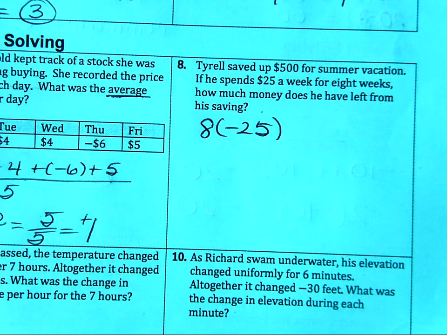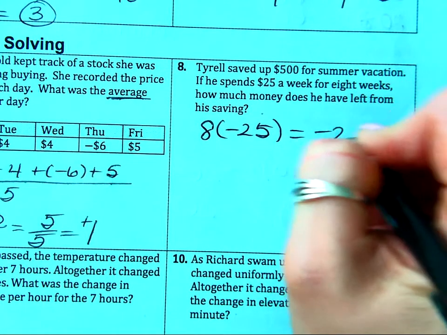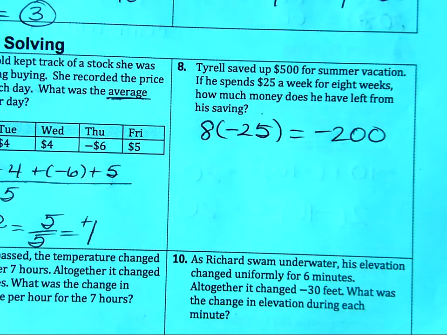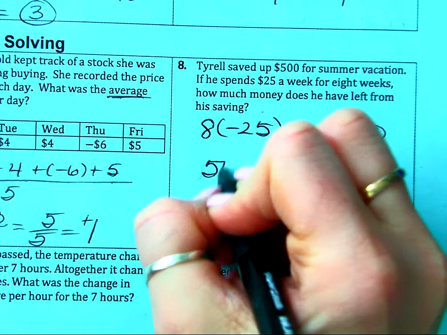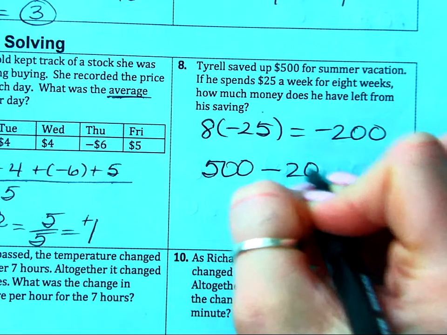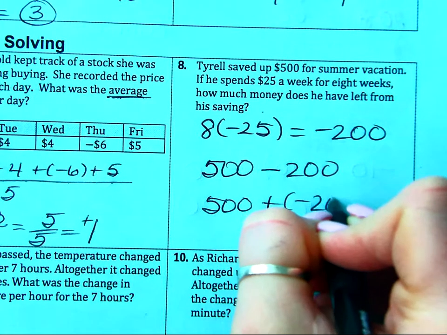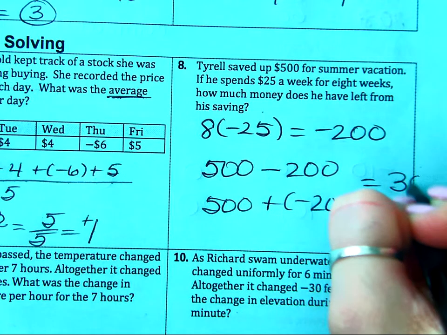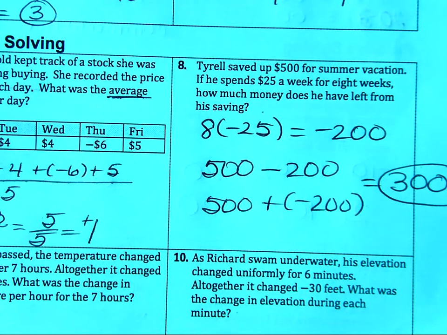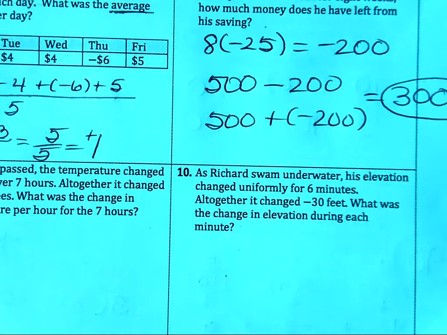Yep. So that's going to be a -200. And then I could either say he had 500, spent 200, or he had 500 and added in a... Either way, that 500 is now only 300. Are these problems making sense? Okay, we got 2 more to do.